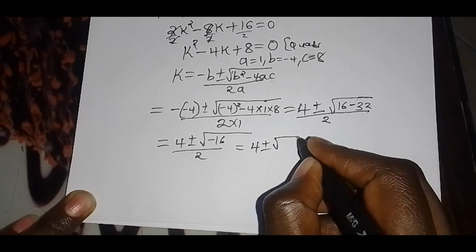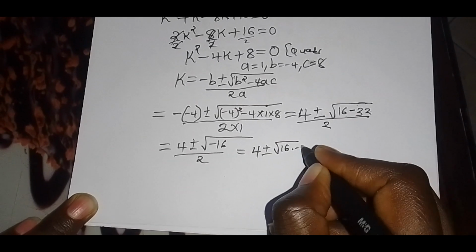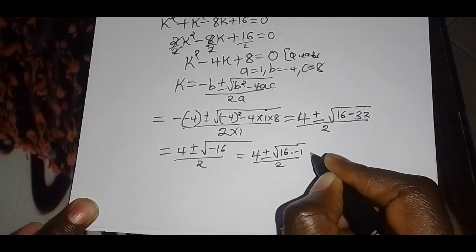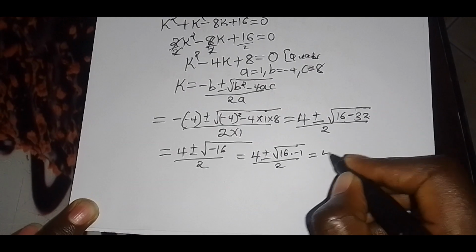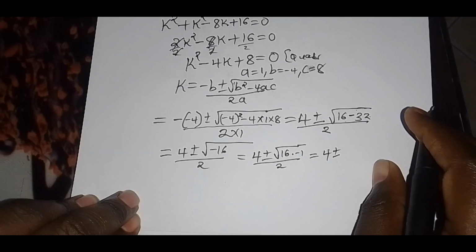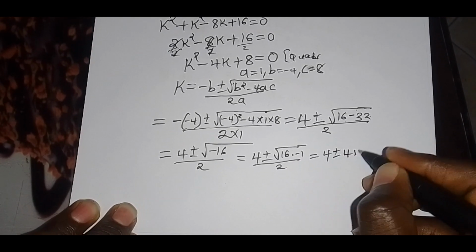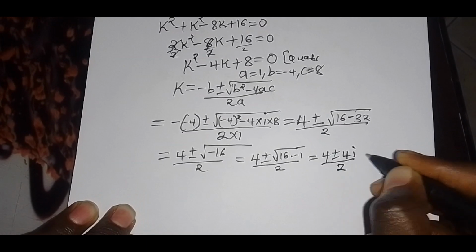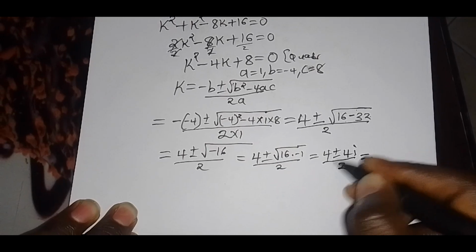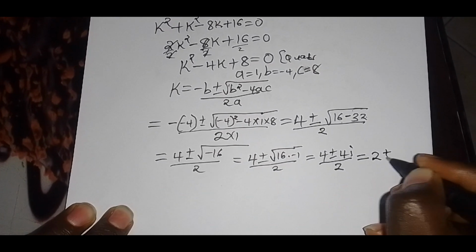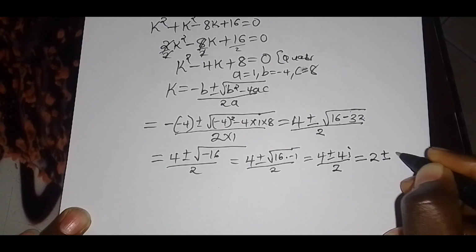You can express this as 16 multiplied by -1. Now the square root of 16 is 4, and the square root of -1 is i, divide by 2, so that we have 2 plus or minus 2i.